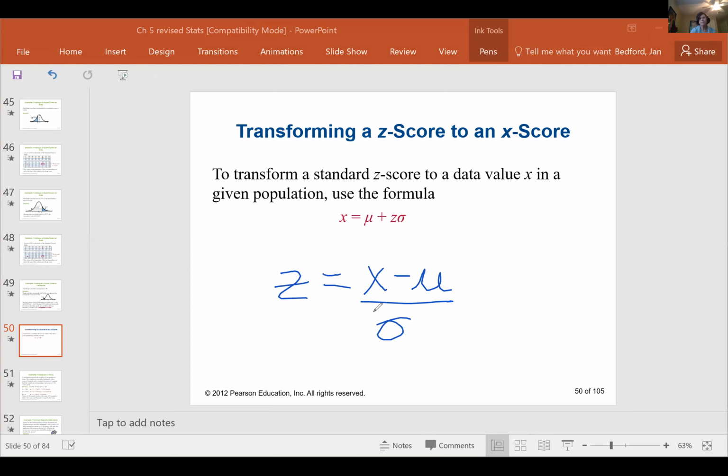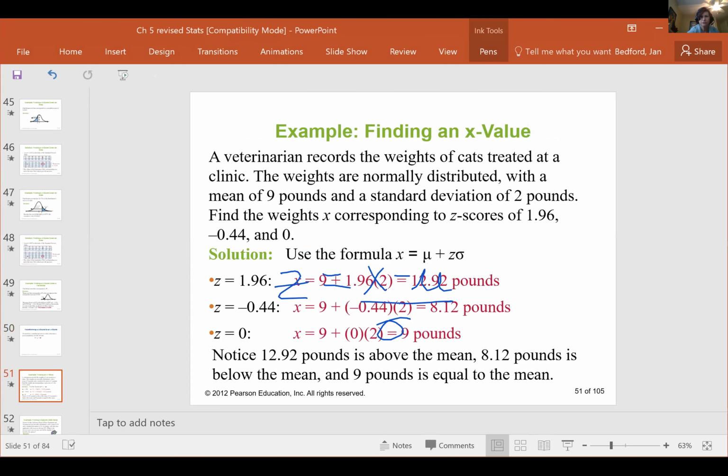What did they do to come up with this formula that says X equals? They just isolate the X. Exactly. They just rearranged it and solved for X. So it's on your formula sheet. You can use it, or you can just use the Z formula and plug in and then solve for X after you've plugged in all the values. Totally up to you. But I just wanted to point out that you do have the ability to take Z scores back to X scores.